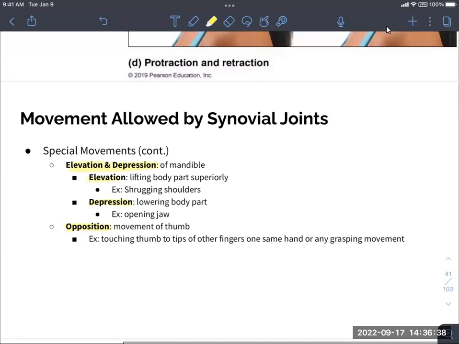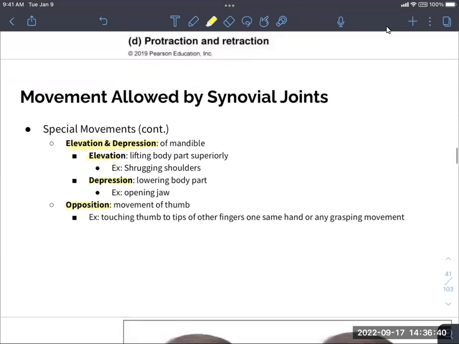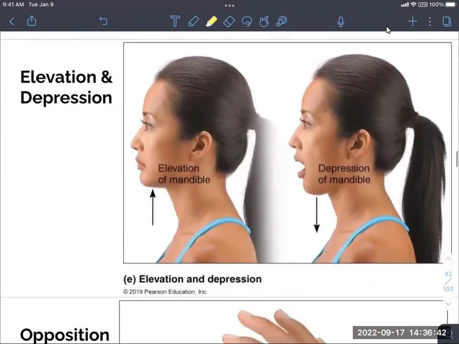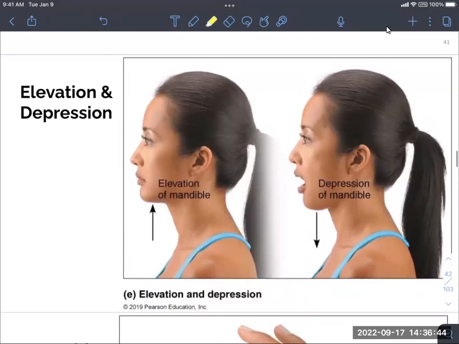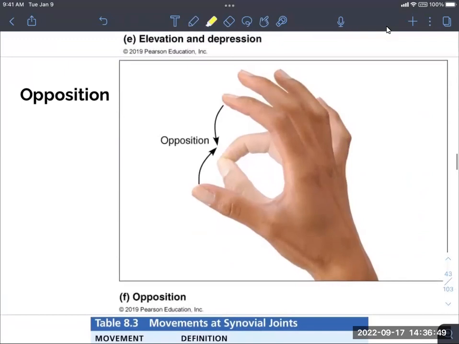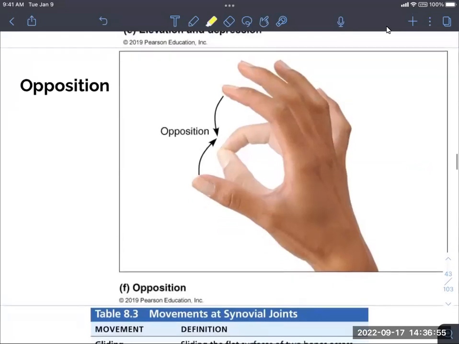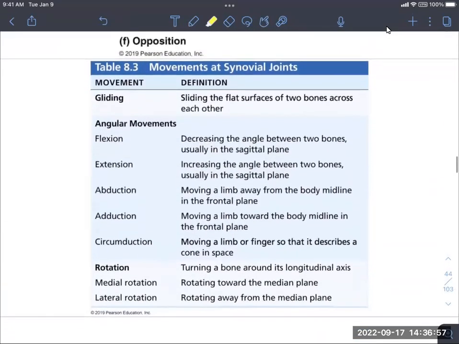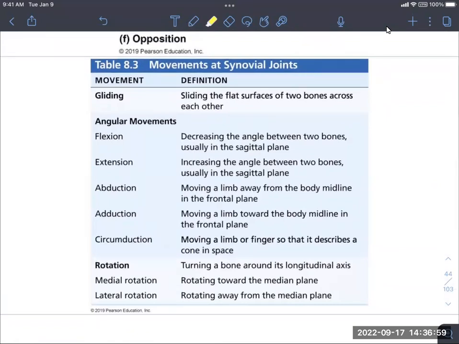That's all opposition. So here is elevation and depression of the mandible. And opposition, taking that thumb and touching the tips of each of the fingers. So here's all the different movements in a table for you with the definition for each of those.